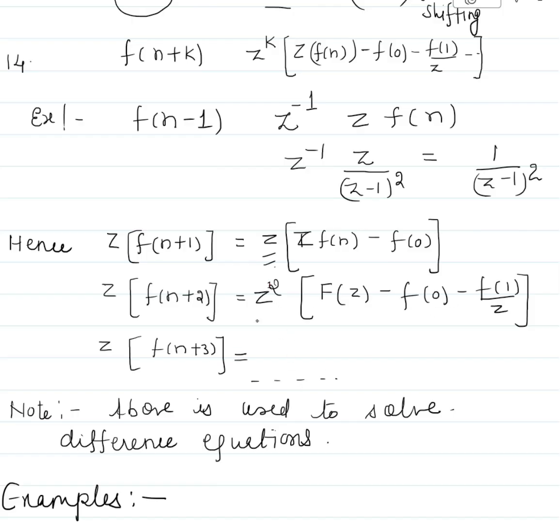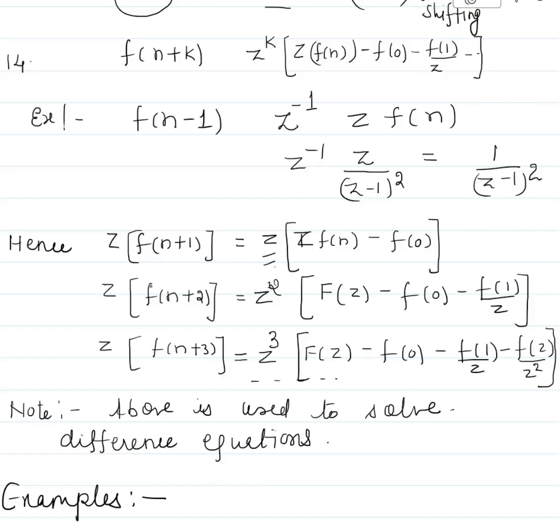If the value is n plus 3, we will start to write z cube, then F of z, then minus f of 0, then minus f of 1 by z, and since it is stopping at 3, we will write minus f of 2 upon z square. So this is the z transform of the function n plus 3.